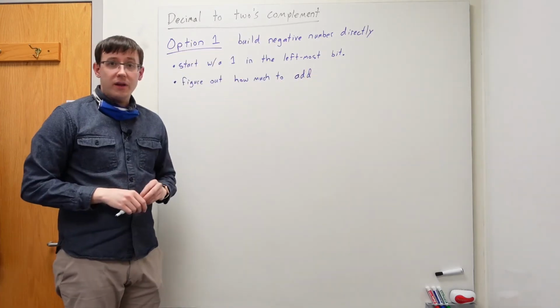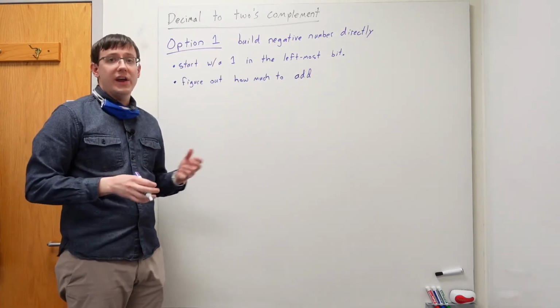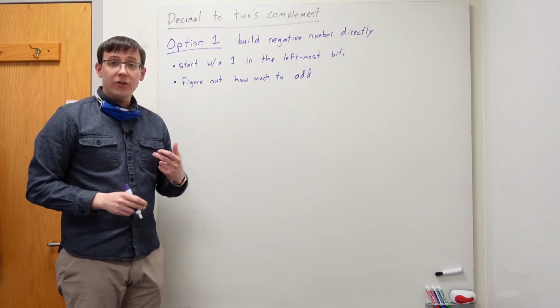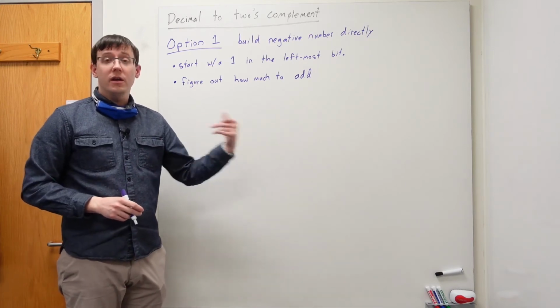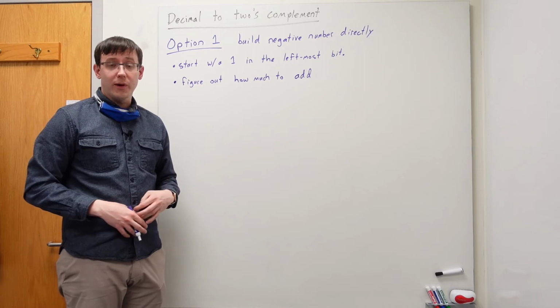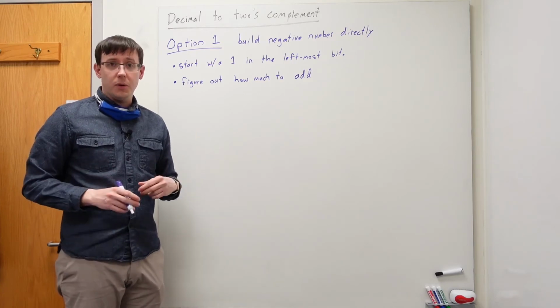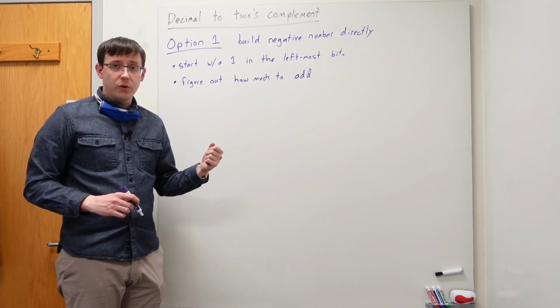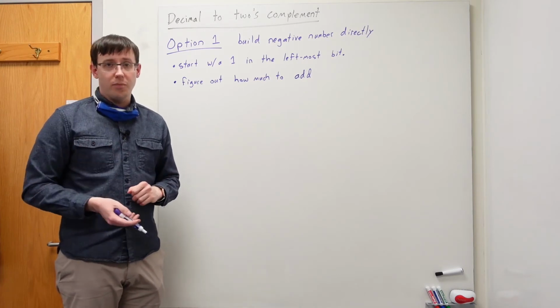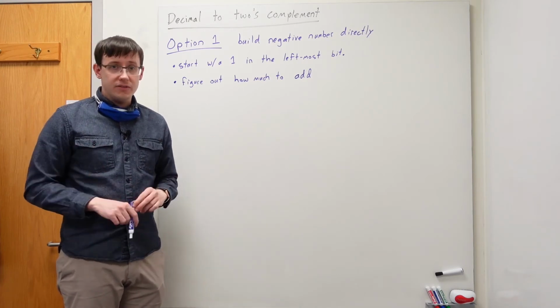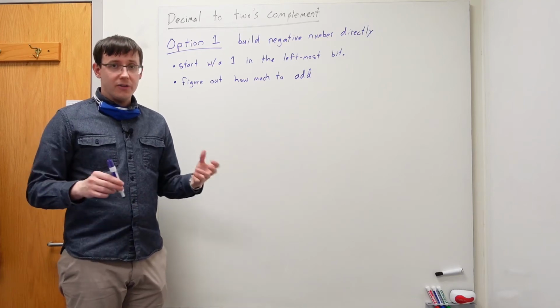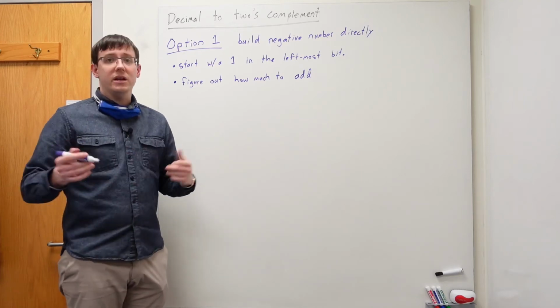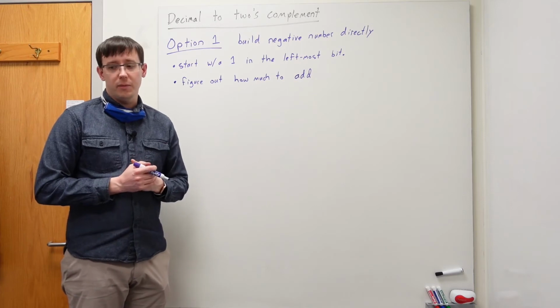And now that we've begun with a large negative power of 2, all the rest of the columns that we'll be filling in will be representing a positive number. And so we can figure out the difference between that negative power of 2 and the number that we want to represent. That will be a positive number, and we put that positive number into the remaining digits of our 2's complement representation.